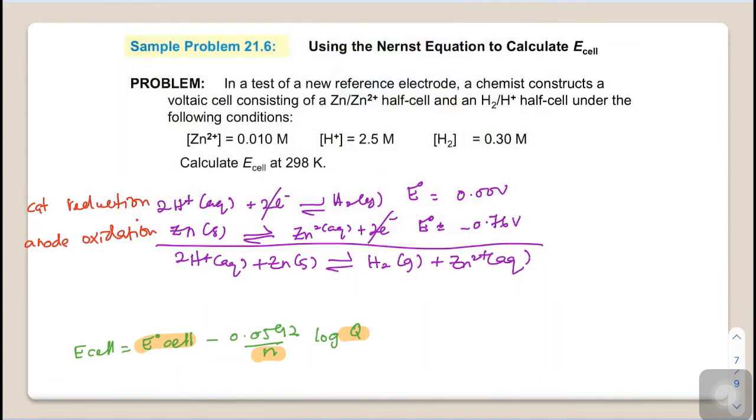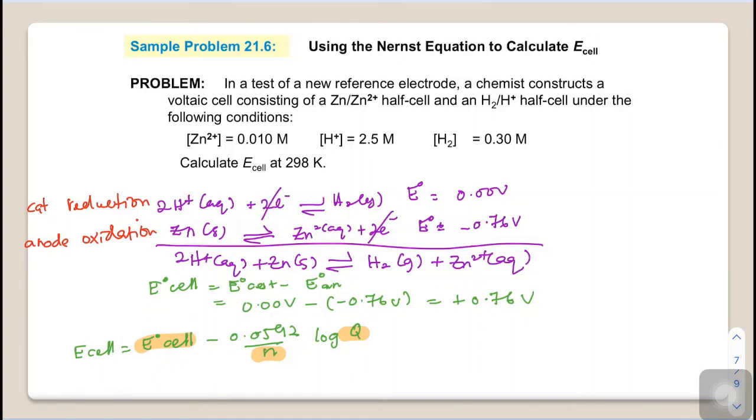Let's calculate the E naught cell. E naught cell is equal to E cathode minus E anode. So it is equal to 0.00 volt minus negative 0.76 volt, which is positive 0.76 volt.